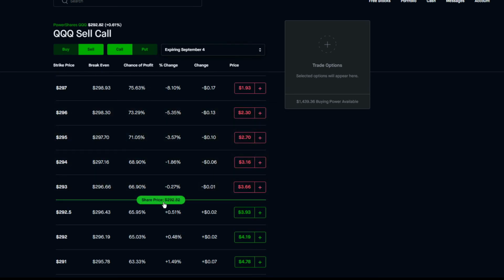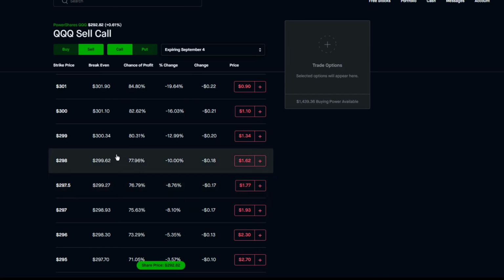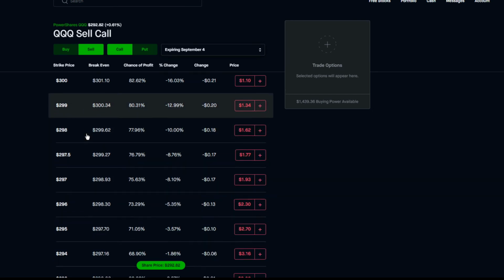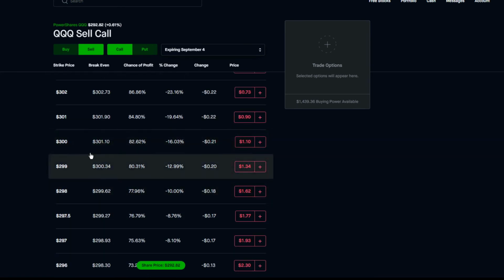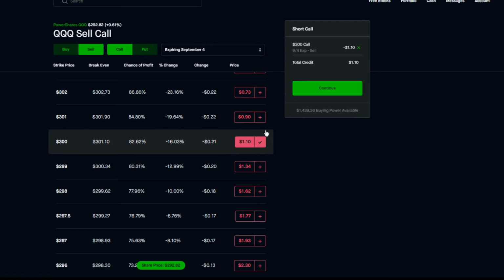Now, if you really don't want to get rid of your stock and you want to be more on the safe side, choose something out of the money, something that's not so realistic that you'd be uncomfortable selling your stock at that price. For example, this one: if you had 100 shares of triple Q and you sold this one, you'd be getting $100, but they would be taking your 100 shares as collateral.